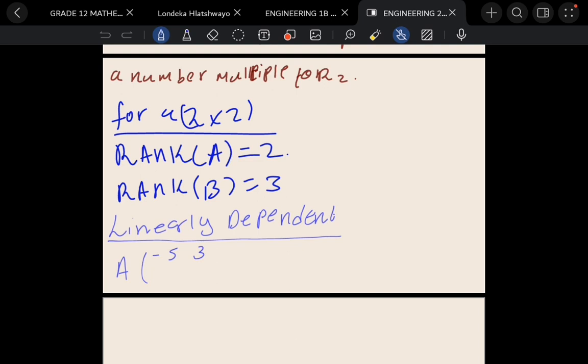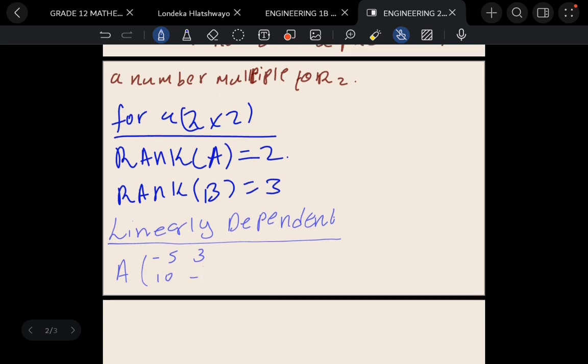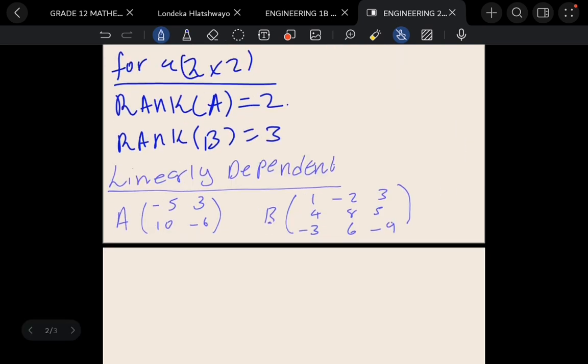If I multiply the first row by -2, I'm going to have 10 as the second row and -6. Let's look at matrix P, which is a 3 by 3: 1, -2, 3, 4, 8, 5, -3, 6, -9.